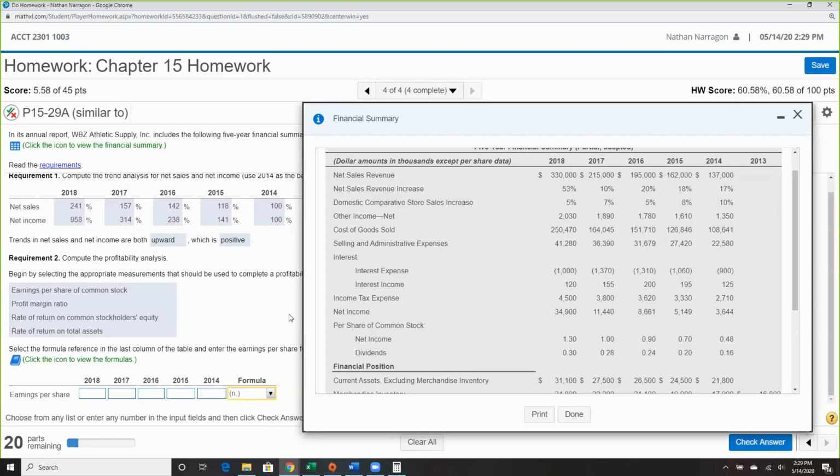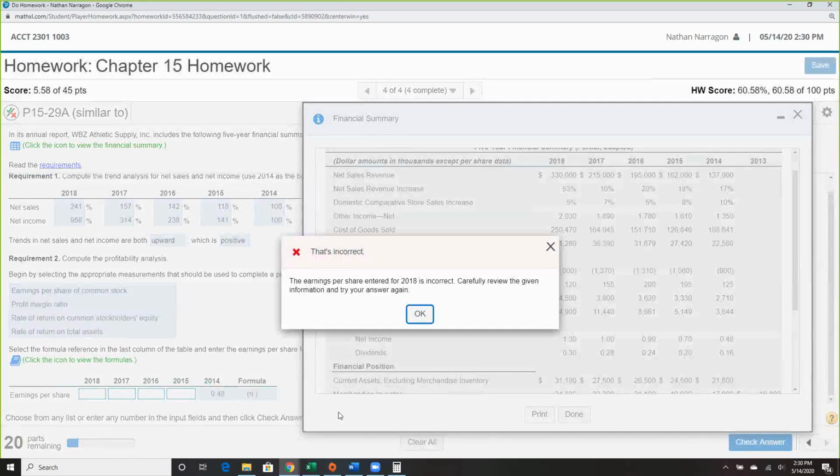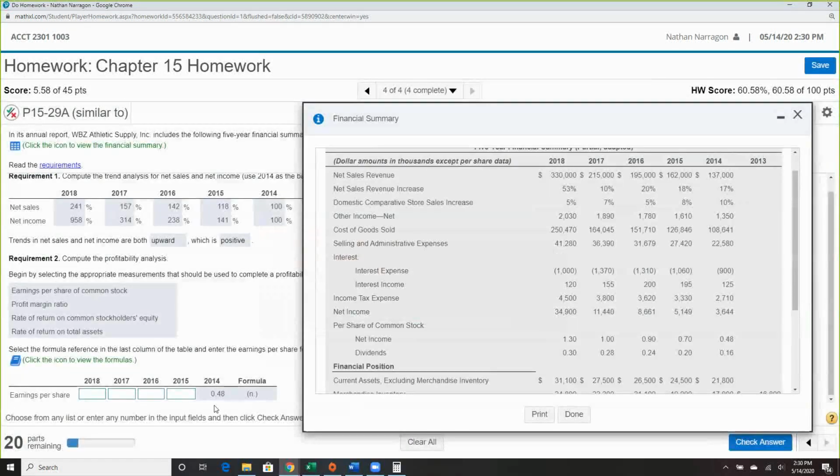And our formula for earnings per share is net income divided by weighted average. I'm going to use up one of my checks. I wonder if we just put in the number that they give us. That is correct.